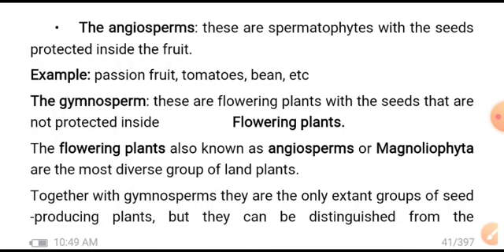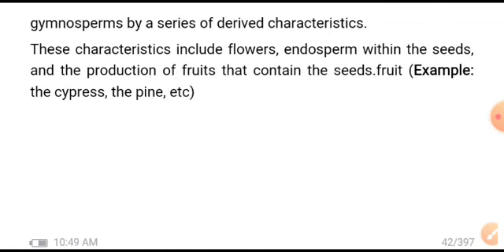So the flowering plants are also known as angiosperms or Magnoliophyta. They are the most diverse group of flowering plants. Together with gymnosperms, they are the only extant group of seed-producing plants, but they can be distinguished from gymnosperms by a series of derived characteristics.